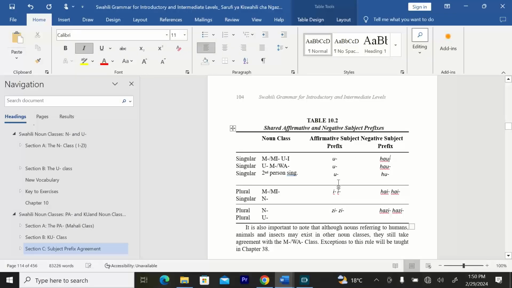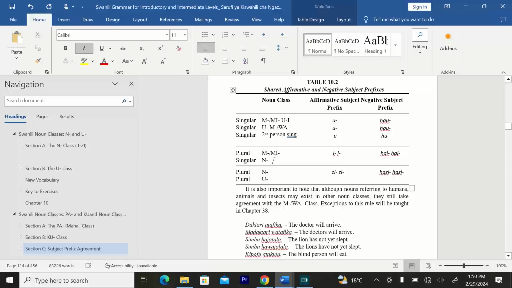Ui, right? Hau, singular of u. Then the u class is u and hau. In singular second position, singular is u, and negative subject is hau. In plural and singular of u is i.